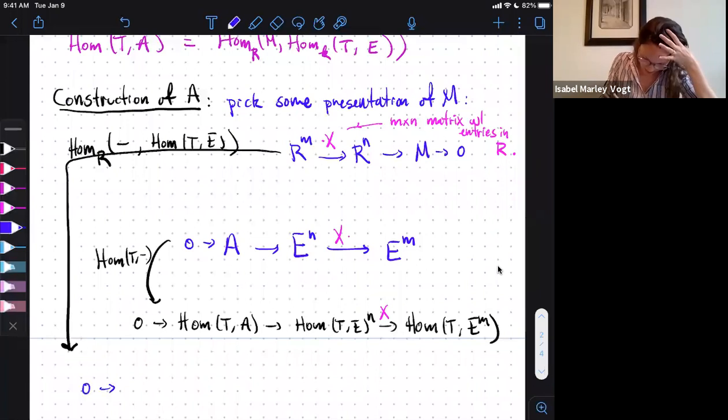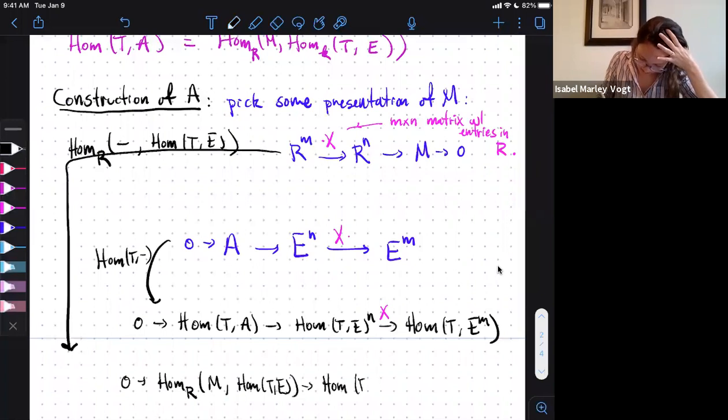So I get 0 to Hom_R of M into Hom T E to Hom T E to the N. And again, my matrix X is inducing this map to Hom T E to the M.